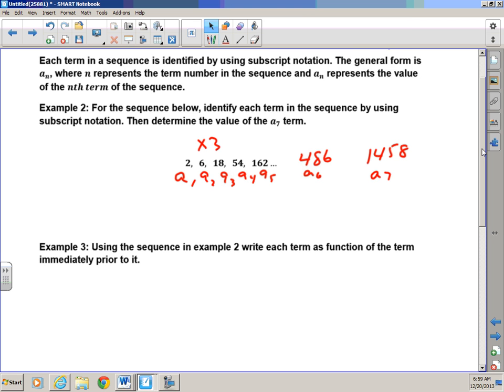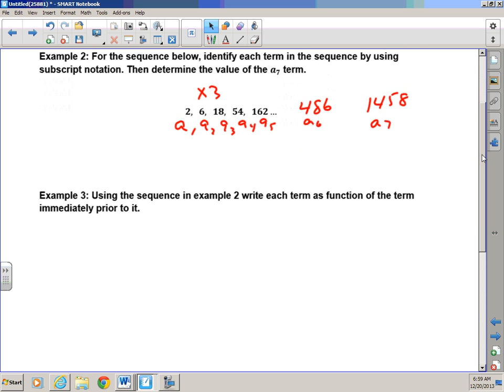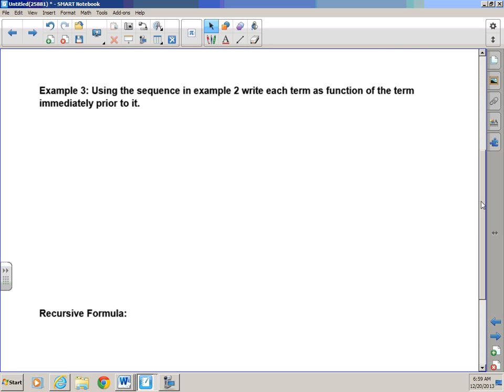Okay? Now, what we want to do is, let's come up with our formula here. And if you might remember, in an arithmetic sequence, we had a recursive and an explicit formula. And we're going to do the same thing here.